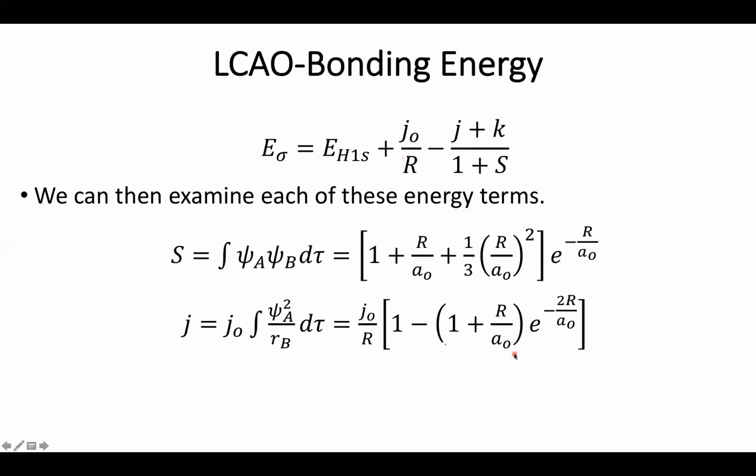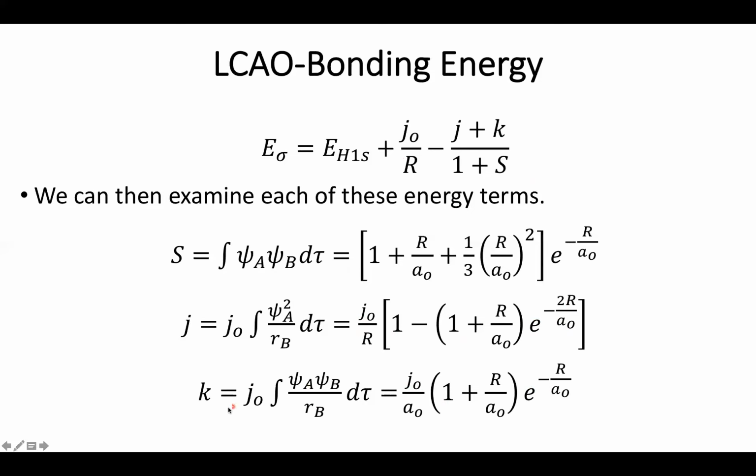The last term that we end up bringing in is K. So again, K is going to be our interaction in between the nuclei. For convenience, we're going to represent nuclei B, and the interaction between the two, between the overlap integral, again, wave function A and wave function B, and that nuclei.